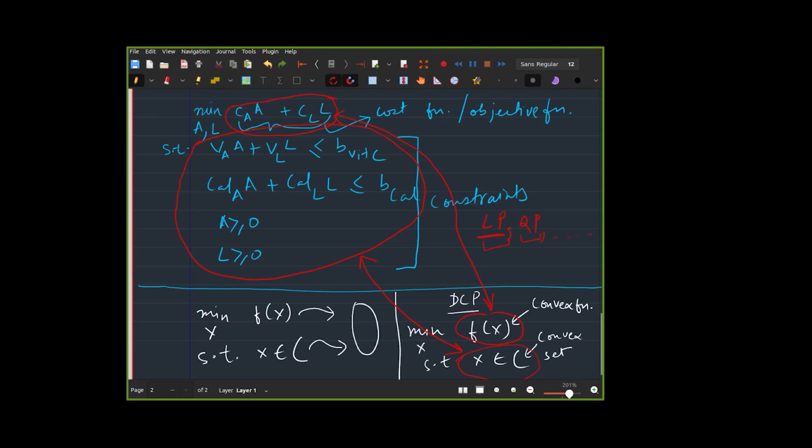And we'll see these things, but I just wanted to show you that what we're trying to learn here, which is convex optimization, is a very general form, but it assumes that certain things are convex: the objective function is convex, the constraints are convex sets, and so on, right? So that's the main idea.